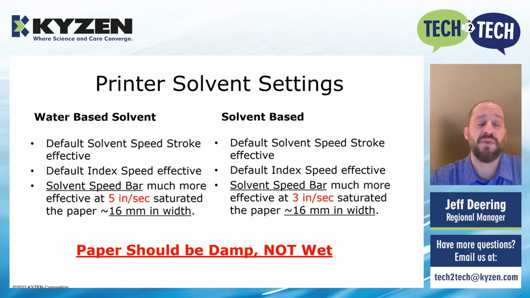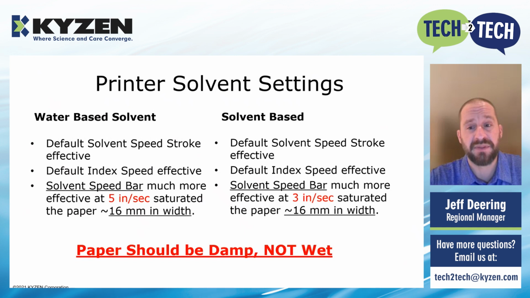This indicates that water-based materials may need to have more rotations than solvents to be effective, but less than standard default settings. When we look at solvent-based chemistries, the default solvent speed stroke again is effective, as well as the index speed. But we also need to pay attention to the solvent speed bar.